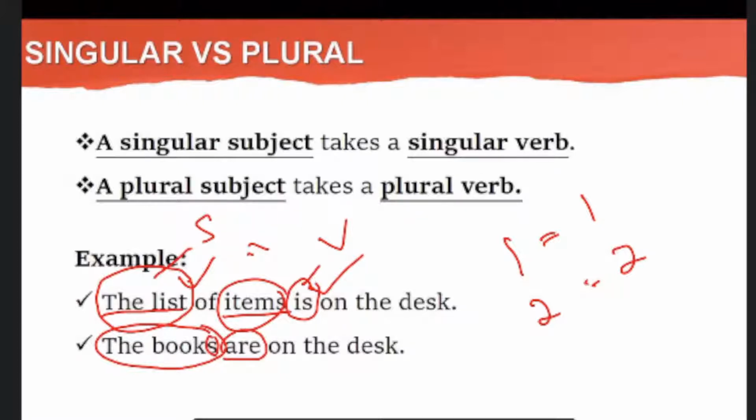Here again, the subject agrees with the verb. Basically this is the basic rule of subject-verb agreement, singular and plural. I know you have this one at the tips of your fingers. You have this information, you just need to revise. Let's proceed to the next slide.